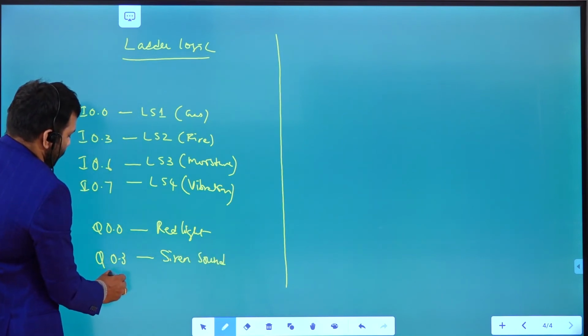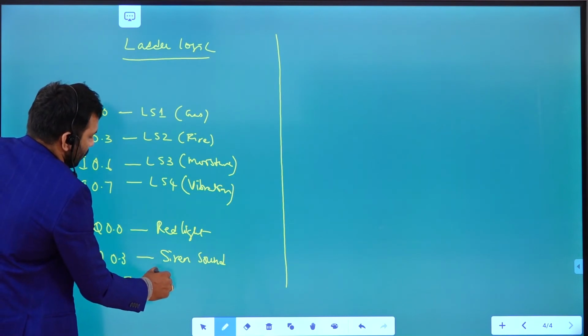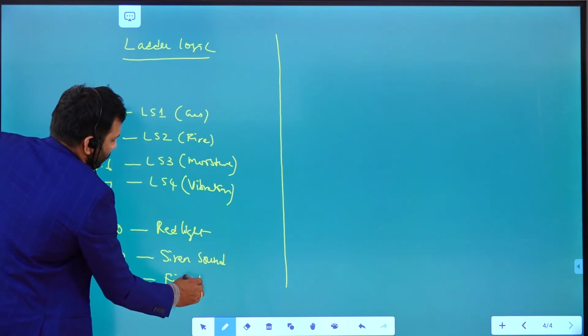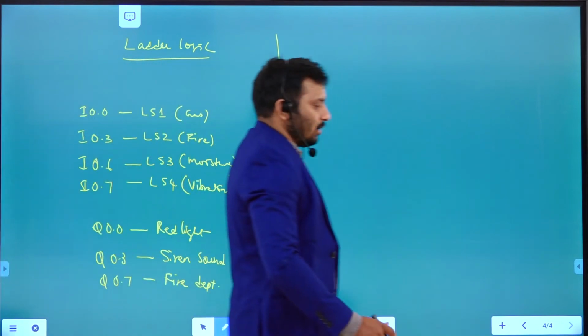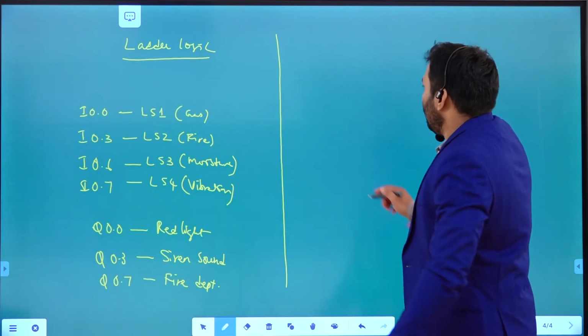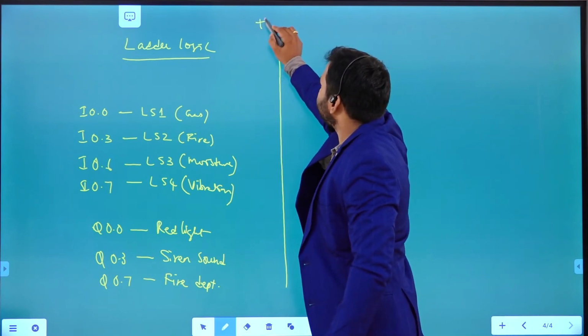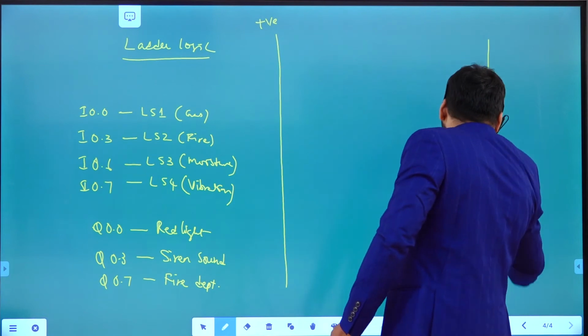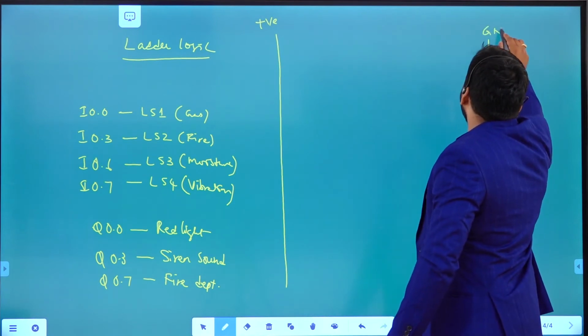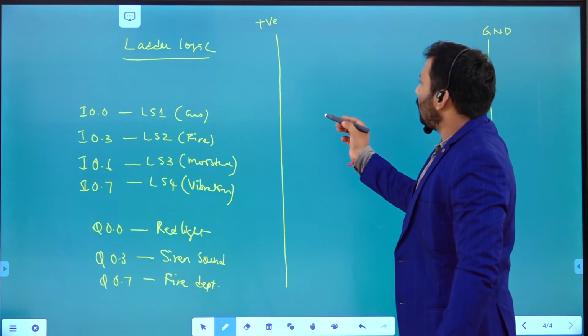Q 0.7 is going to be connected to the fire department, right. So now we need to write a logic for this particular operation, right. This is the positive rail, this one is the ground rail, right.